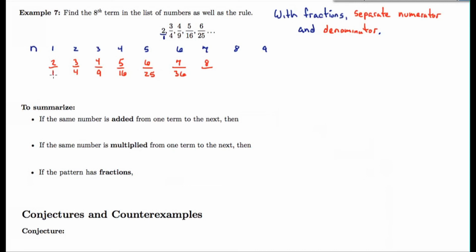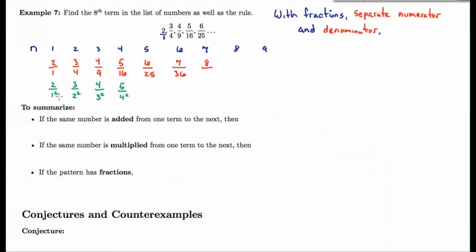So isn't this 1 squared right here? So this is 2 over 1 squared. Let's do this in a different color. Let's do it in some green. This is 2 over 1 squared here. This one is 3 over 2 squared. So I can rewrite 9 as 3 squared. Okay, so here's the pattern. 4 squared.